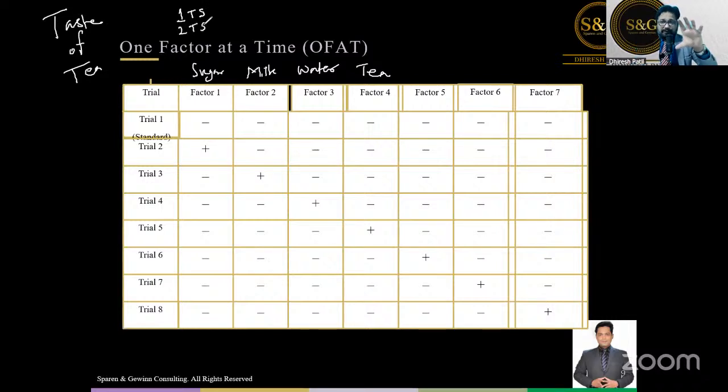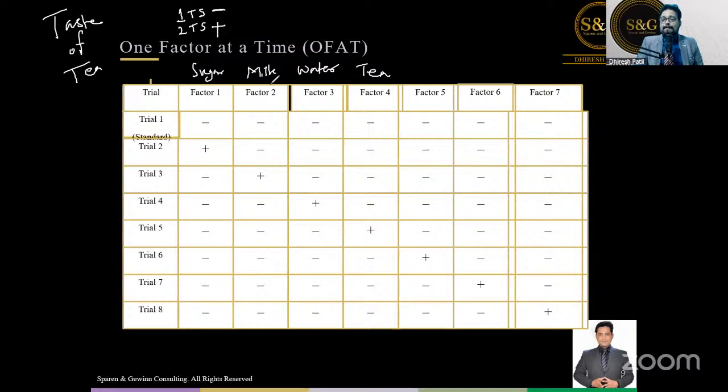For 1 cup of tea, I want to check what is the impact on the taste if I put 1 tablespoon sugar, and what will be the impact if I put 2 tablespoons of sugar. If it is 1, which is the lower setting, it will be denoted as negative. And if it is higher setting, it will be denoted as positive.